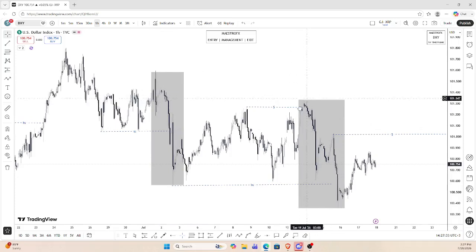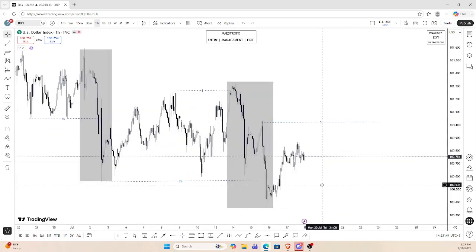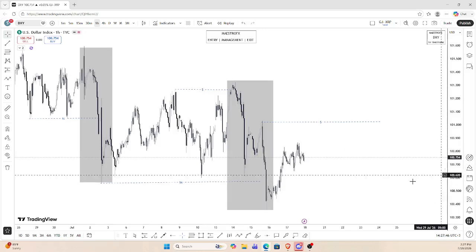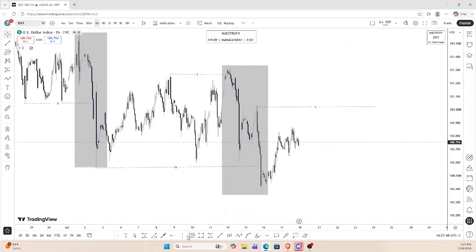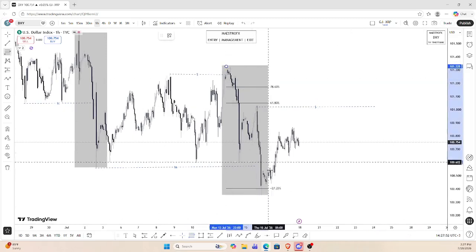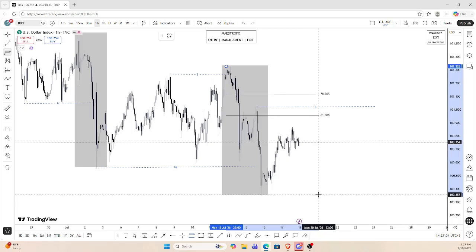In return, we had a correction to print a new lower high, which printed this latest lower low. And so, as usual, we are going to plot our Fibonacci retracement tool from the swing high to the swing low.